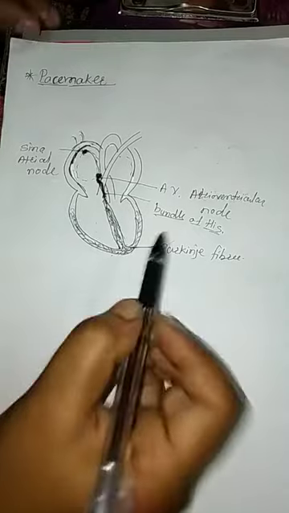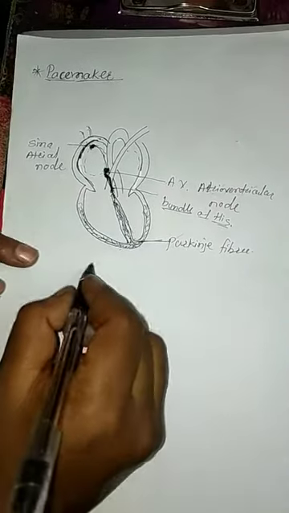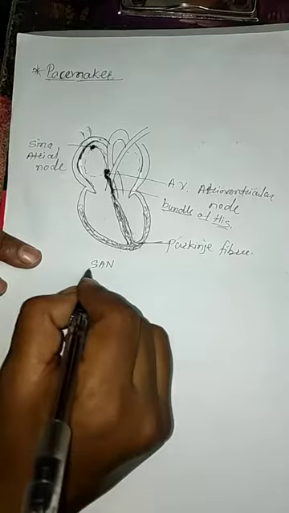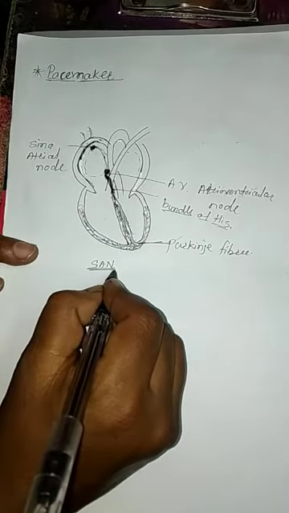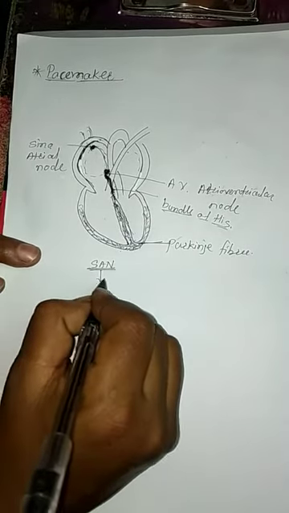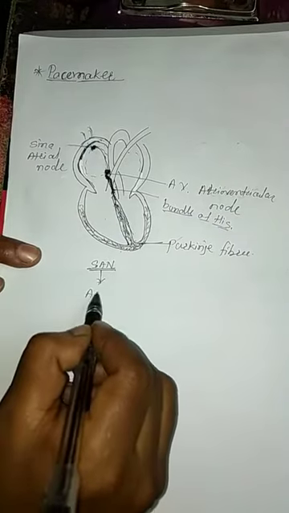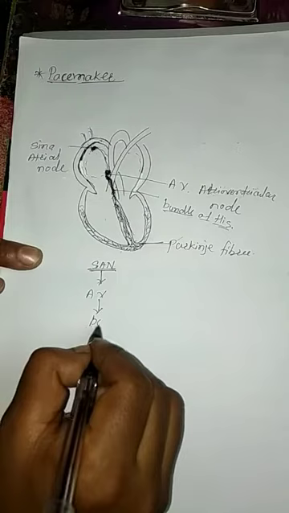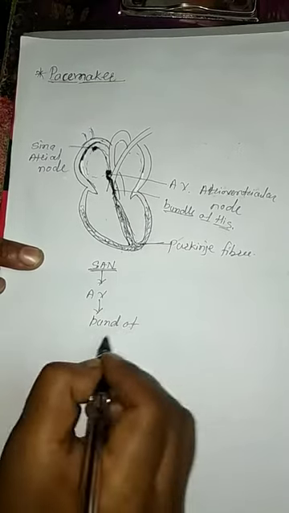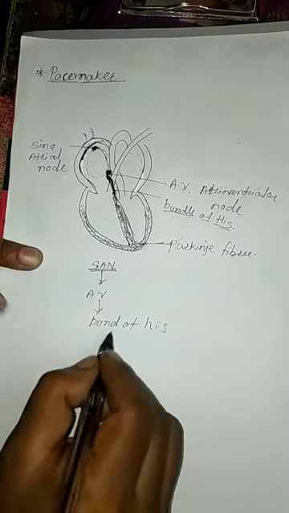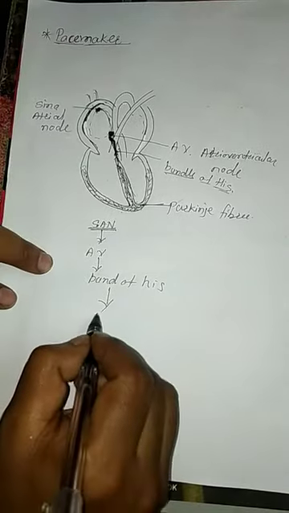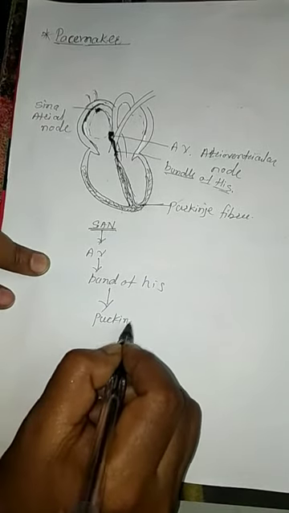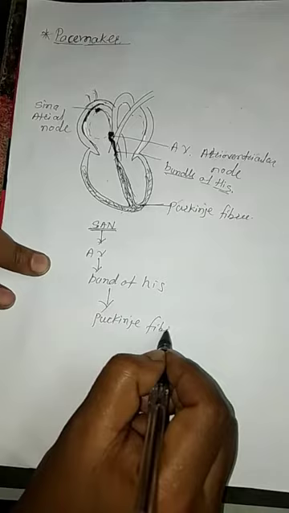Got it, student? There is the main SA node. The SA node generates the electrical impulses. It conducts the electrical impulses from the SA node to the AV node. Then the AV node transports the electrical impulses to the bundle of His, and then the bundle of His conducts the electrical impulses to the Purkinje fibers.